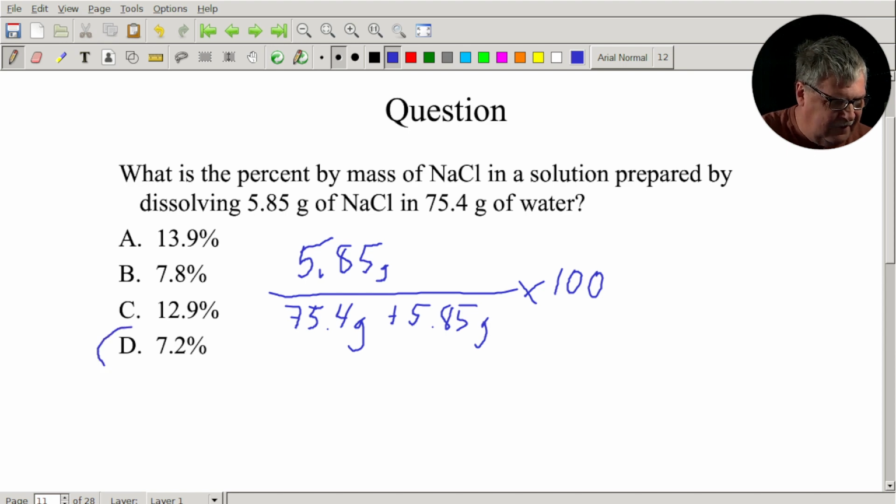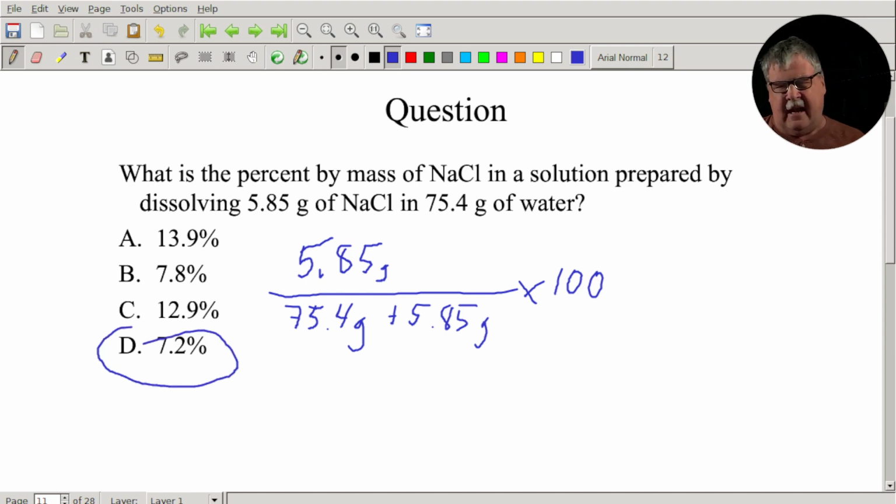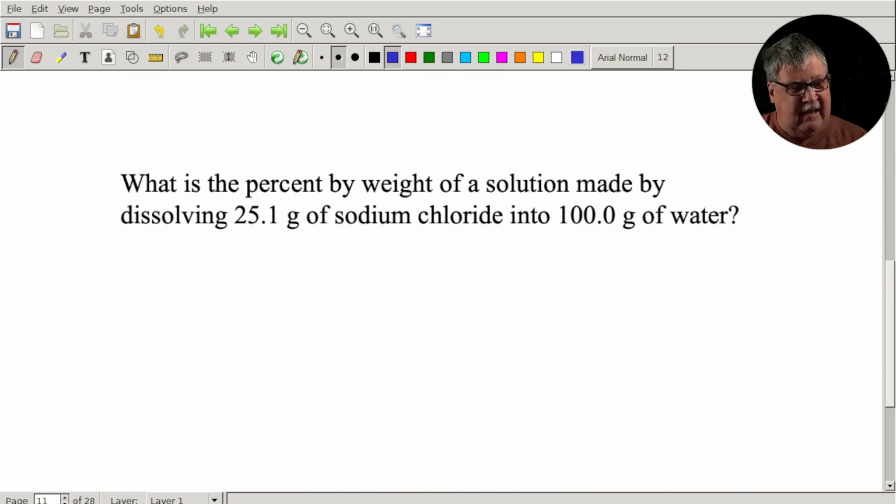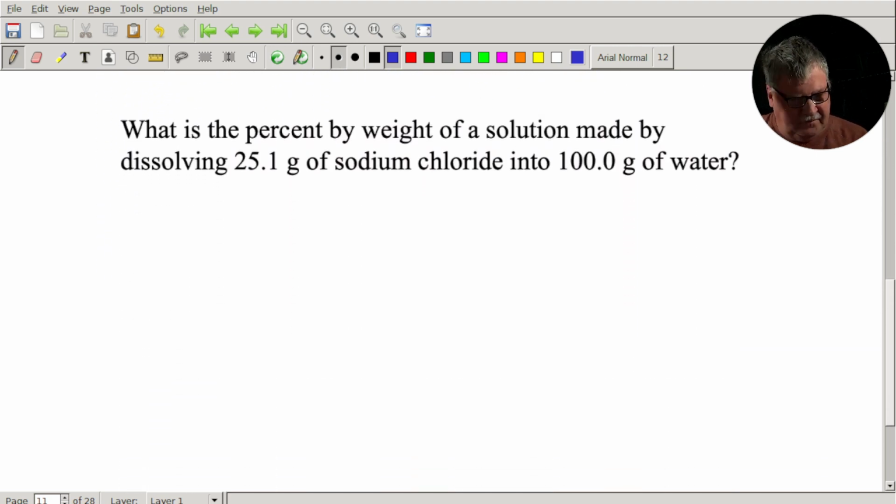So there we go. You get an idea of this. And again, this is a very infrequent way of viewing percentages, but it illustrates something that you need to think about.